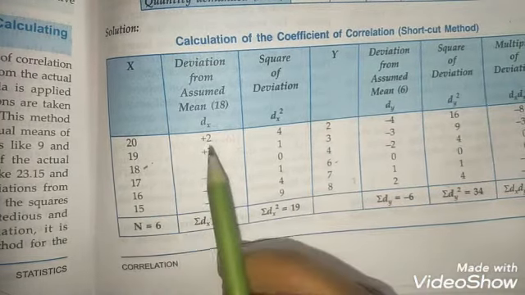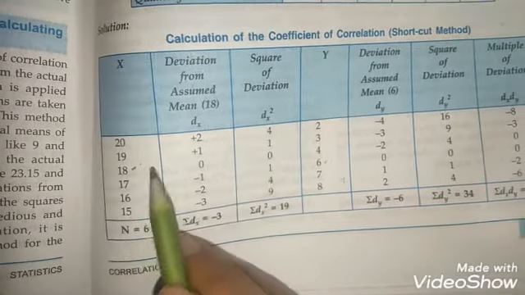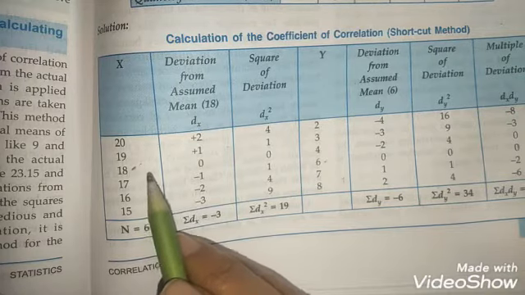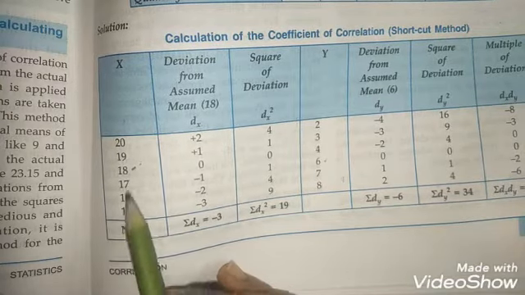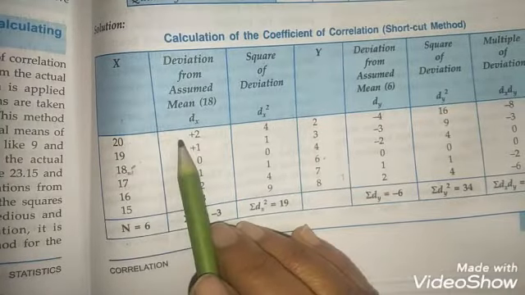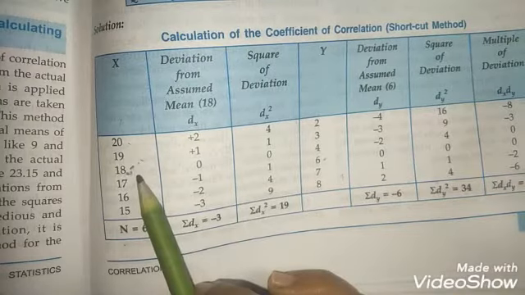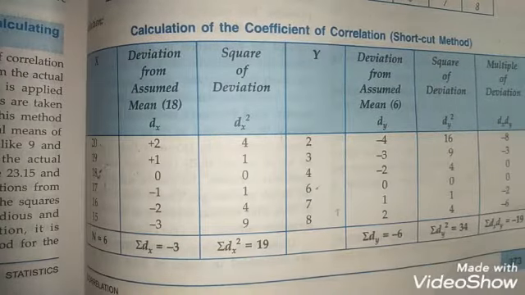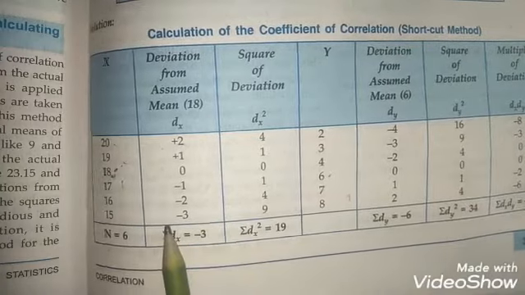So now we will do x minus a. What is a? A is the assumed mean, which is 18 in this case. These are our x values, so x minus a is 20 minus 18, positive 2; 19 minus 18, positive 1; 18 minus 18, 0; 17 minus 18, minus 1; 16 minus 18, minus 2; and 15 minus 18, minus 3.